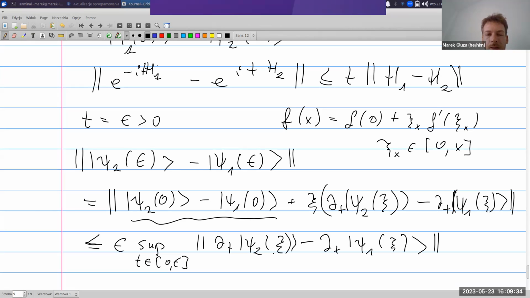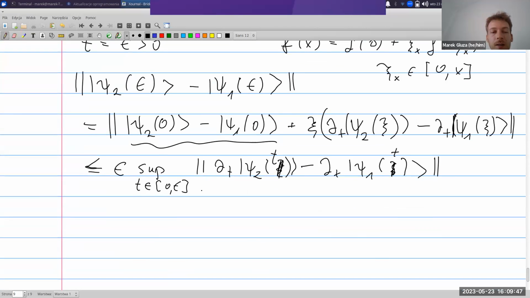And xi I drop, because the value at xi will be smaller or equal than this evaluated at the supremum. I might get unlucky and it will be the supremum, but it might also be upper bounded here.